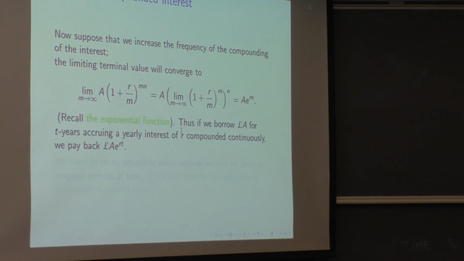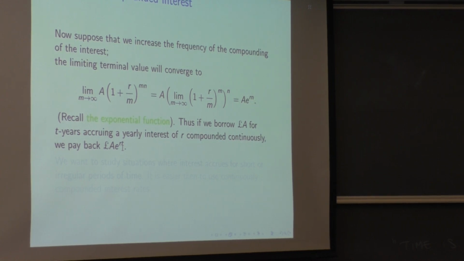Okay, so if you borrow A pounds for t years at an interest rate of r compounded continuously, so that's the convention I'm introducing now. I'm telling you what it means to compound interest continuously. Then if you borrow that amount for t years at an interest rate of r compounded continuously, you're going to have to pay back the original amount times e to the interest rate times time.